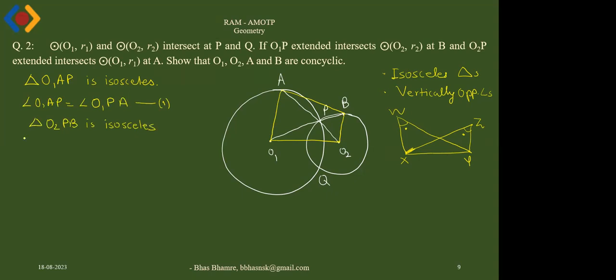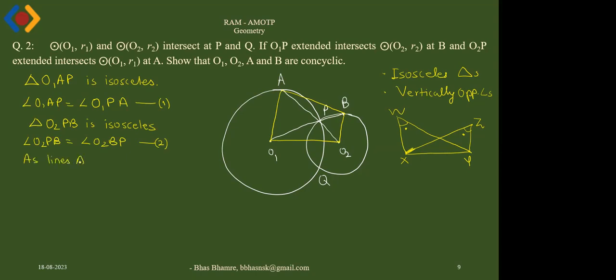So we have angle O2PB equal to angle O2BP. Say it as number 2. Moreover, we know that APO2 is a straight line. Moreover, BPO1 is a straight line.